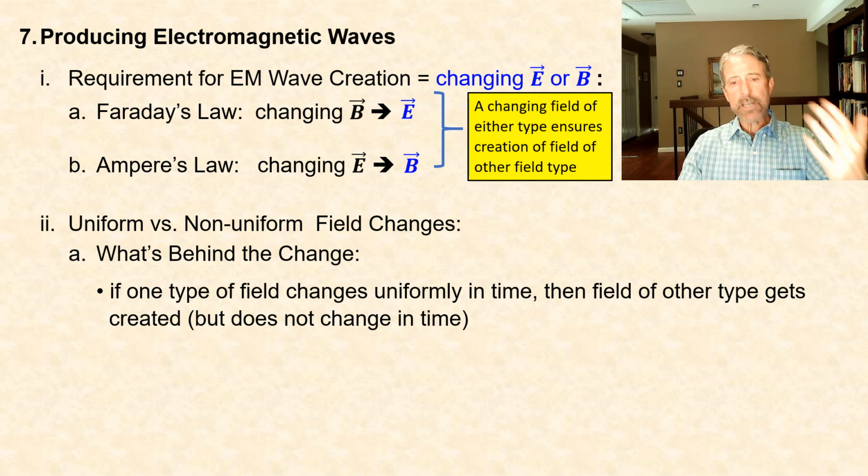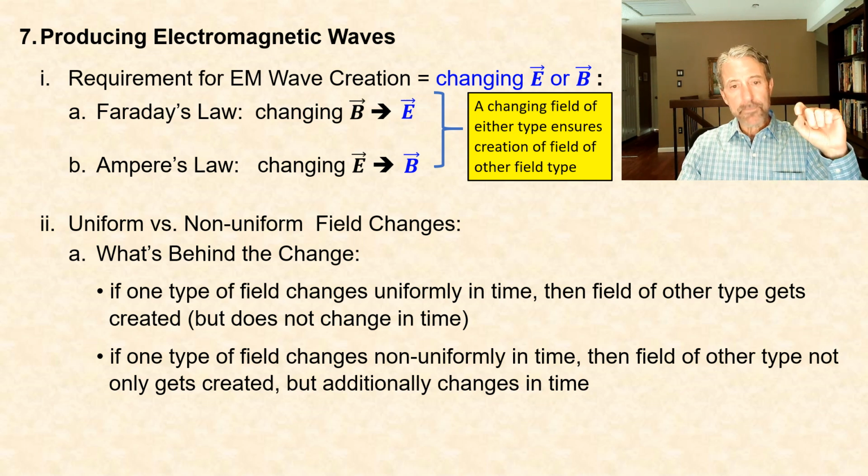In other words, if, according to Faraday's law, we have a changing magnetic field, but that magnetic field changes uniformly in time, that will create a uniform or constant electric field. Likewise, Ampere's law tells us that in a region of space where the electric field changes uniformly in time, that will create or induce a magnetic field.